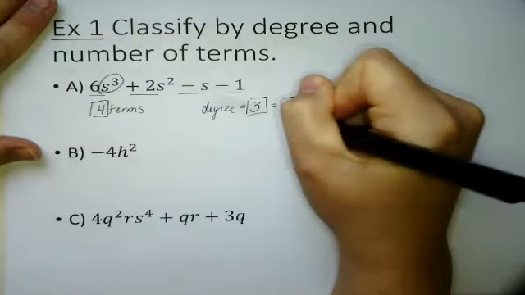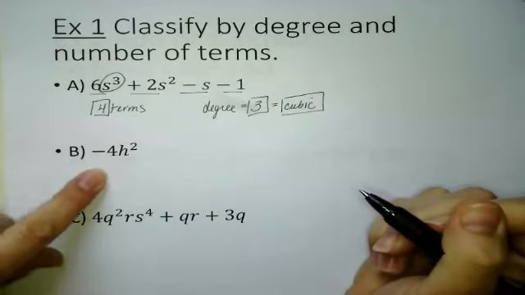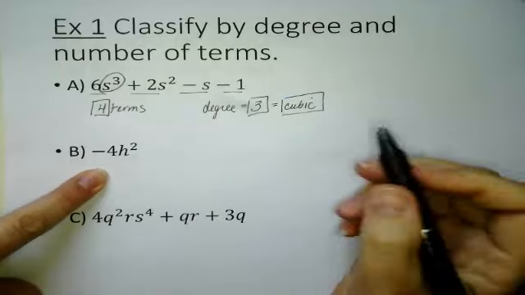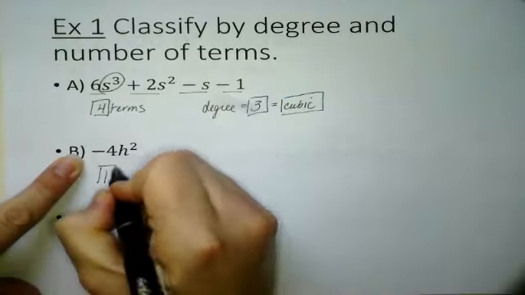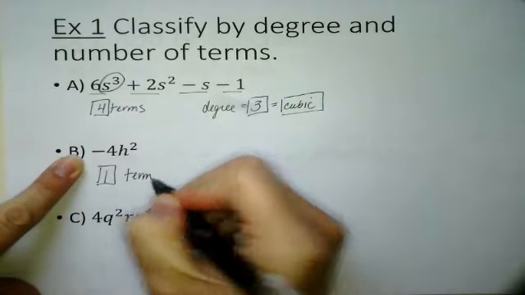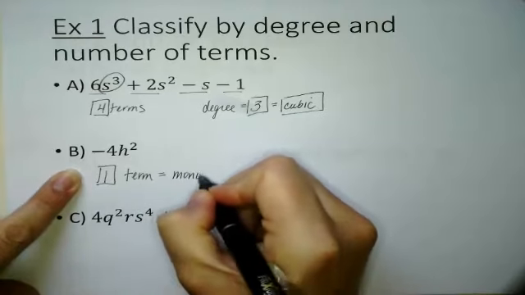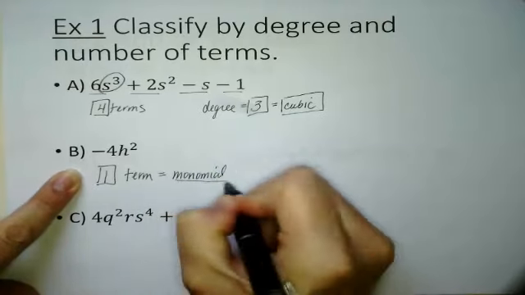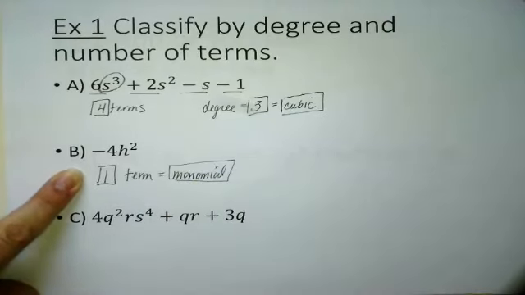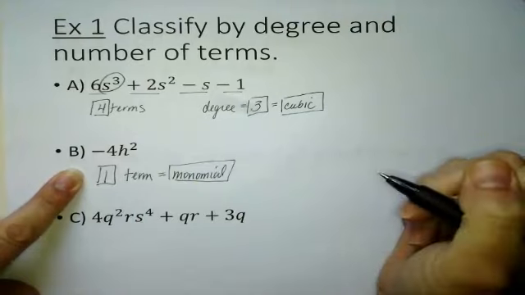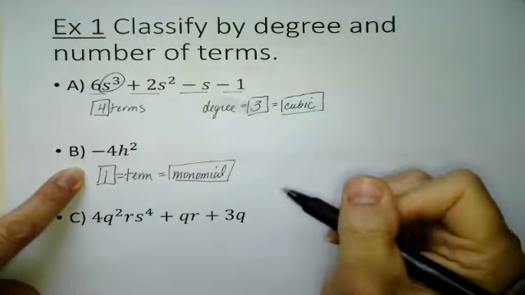All right. This negative 4h squared has one term. And if we wanted to give it a special name, we would call it a monomial. I'm not sure which one it's going to ask for, one term or monomial.